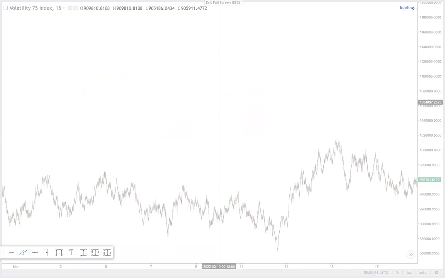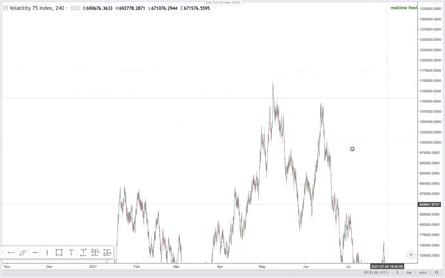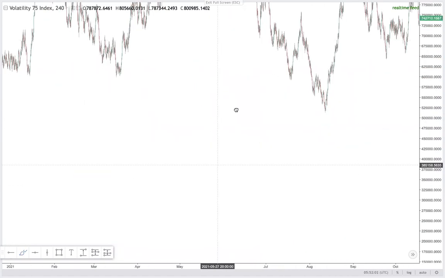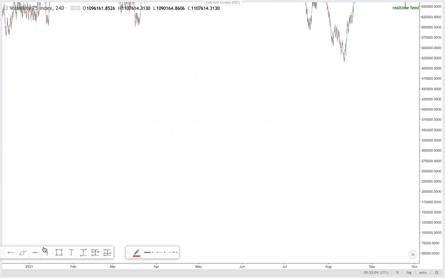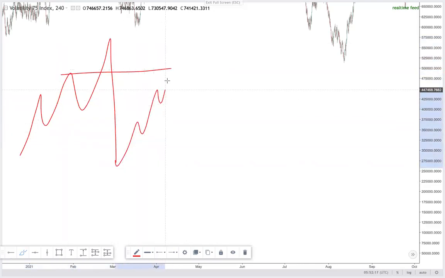Let me try to look for an example. Sometimes it may be in a lower time frame, and sometimes you might find it in a higher time frame. Let's say we have an invalidation right here. We're expecting price to come to retest, and after this retest, price might drop.